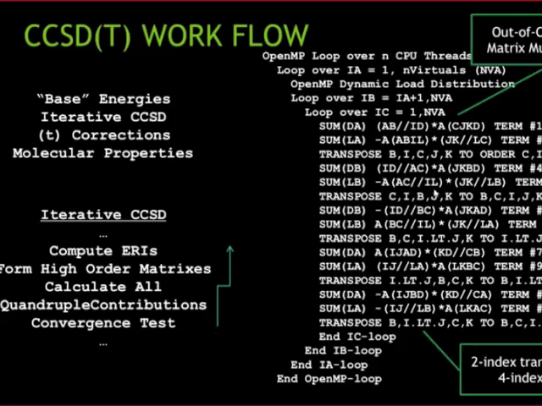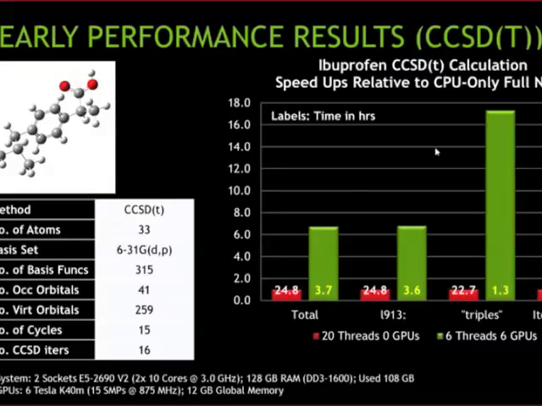But then on the right-hand side, the triples correction consists essentially of a series of matrix multiplications and matrix transpositions that can be quite complex, and the matrix multiplications use an out-of-core logic, meaning that there is some disk I/O that needs to be performed. Here the results are really much better, actually pretty good.